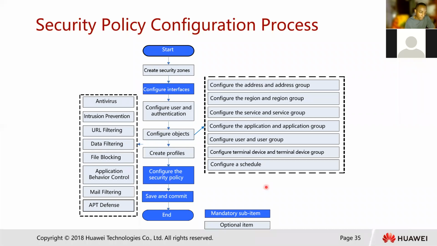So you can see the mandatory parts are in dark blue, and the optional ones are in lighter blue. Configure the security policy, save and commit, then you end that process. So that is how it is.